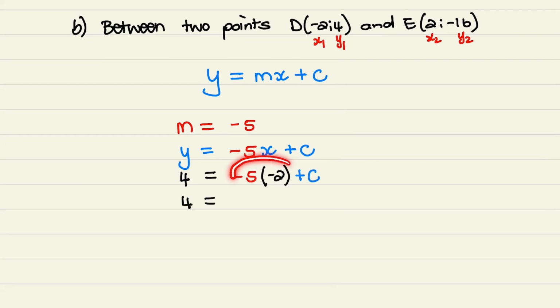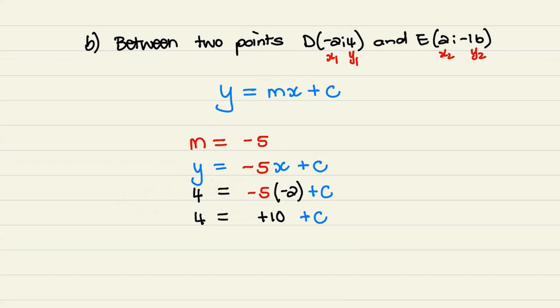That means that x would be substituted with negative 2, and I'm left then with only plus c. So if I multiply out, I have negative 5 times negative 2, which is equal to positive 10 plus c, and I can transpose the positive 10 to the left-hand side by changing it to negative 10 in order to find c. So I'll have negative 10 plus 4 is equal to c.